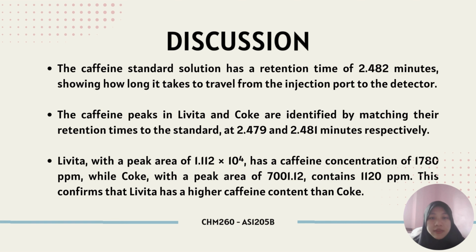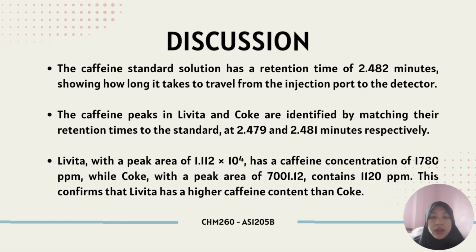For discussion, the caffeine standard solution with a retention time of 2.48 minutes represents the time required for the compound to travel from the injection port to the detector. The caffeine peaks in Levita and Coke are identified by matching their retention times with the standard, measured at 2.479 minutes for Levita and 2.481 minutes for Coke respectively.